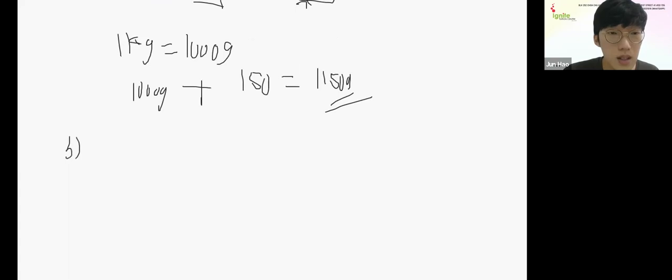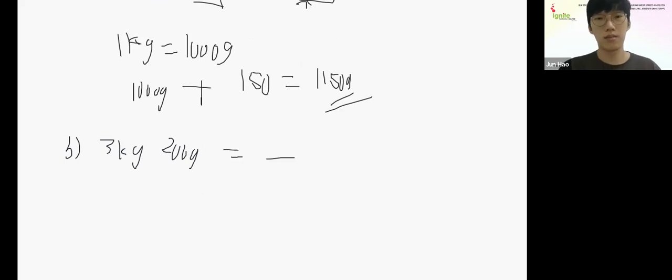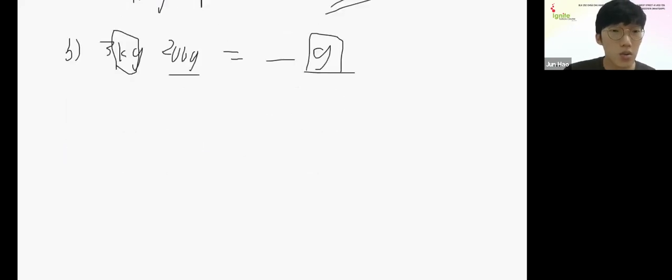Part B, 3 kg, 200 grams. So how many grams? Remember, grams here, don't touch. Kilograms, grams, I need to change. So 1 kilogram is 1000 grams, correct?